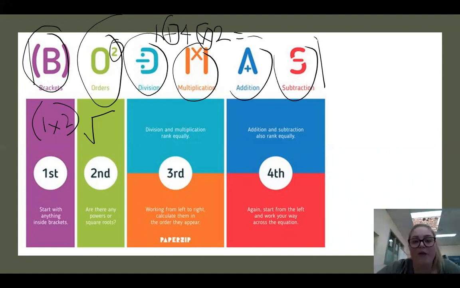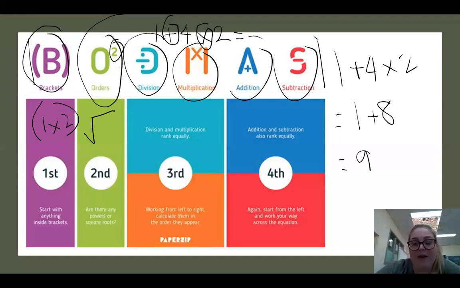If you did the subtraction and the addition first, your sum would be incorrect. Giving you that example over here of how it can be different. So using this, we have multiplication first before addition. So I need to do 4 times 2 first before I do the 1. So it would be 1 plus 8, which equals 9.